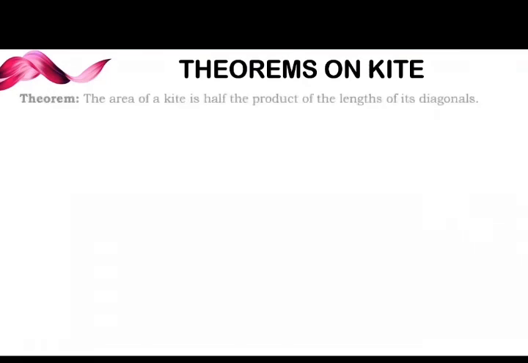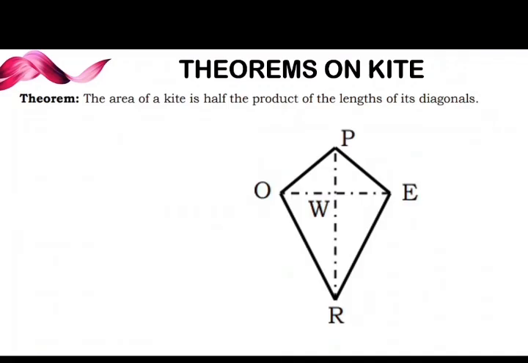Alright, next. The area of a kite is the product of the lengths of its diagonals. Meaning to say, to get the area of a kite, all you have to do is multiply the measure of the two diagonals and divide it by 2. Once again, the formula to find the area of a kite based dito sa ating theorem, area is equals to half of the product of the two diagonals.